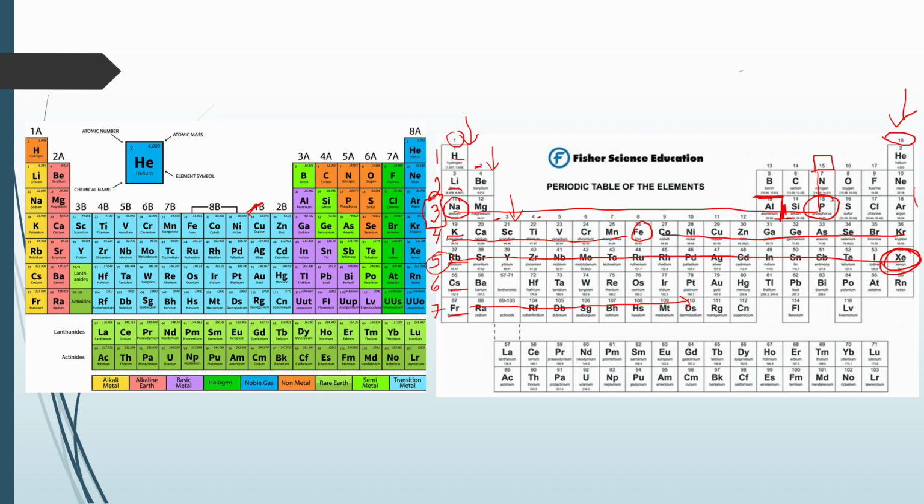It's kind of like a staircase. That's the red zigzag line that they're referring to, or the little red staircase. So our metals would be everything to the left. Our nonmetals are everything to the right.